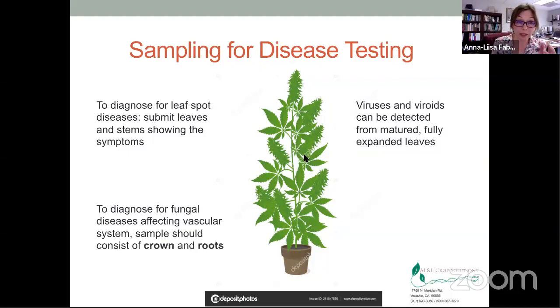The distribution of that phytoplasma in the plant was really random. It is less so with viruses and viroids, but it's still possible that some part of the plant just didn't get the virus or viroid in it. So it's good to get a few samples throughout the plant, a few leaves with the petioles, so we get a proper diagnosis for that disease.